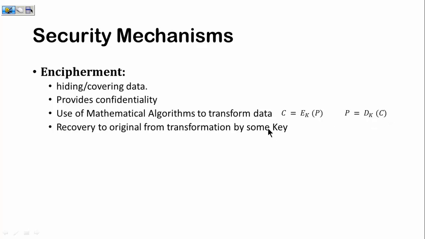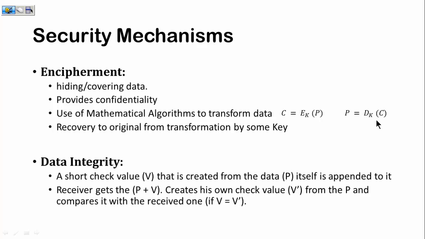Now here I have written recovery of the original by some key, not the same key. Some key means that if the key used over here is the secret key, then you require the same key. If the key used over here is a public-private key combination, then if this is private, this has to be the public key. If this is the public key, then this has to be the private key. So some key should be there to decipher the ciphertext and get the plain text back.